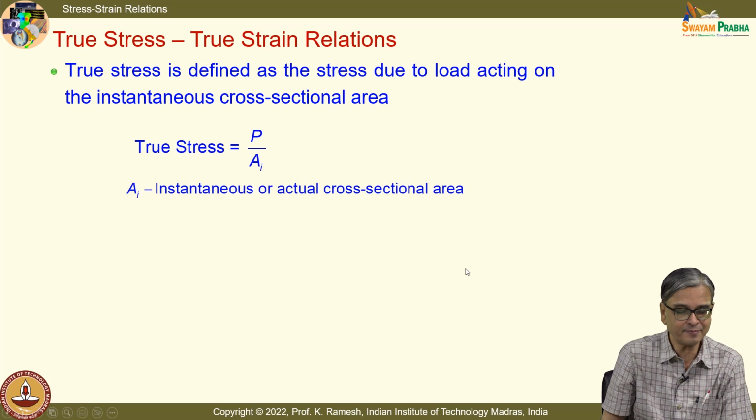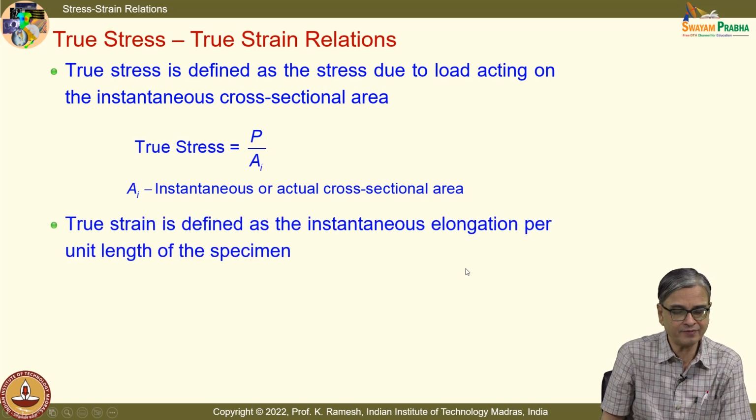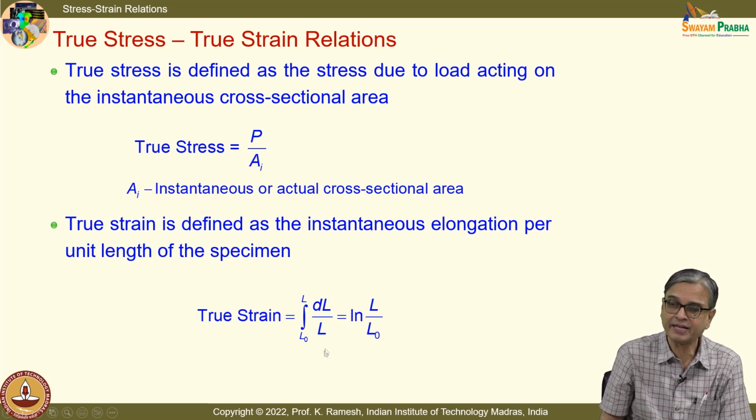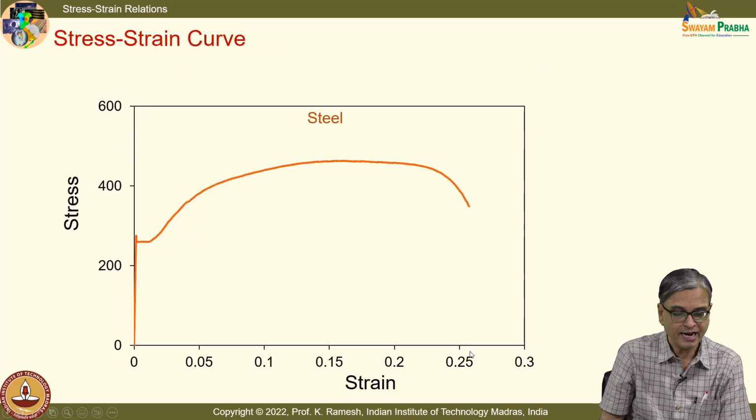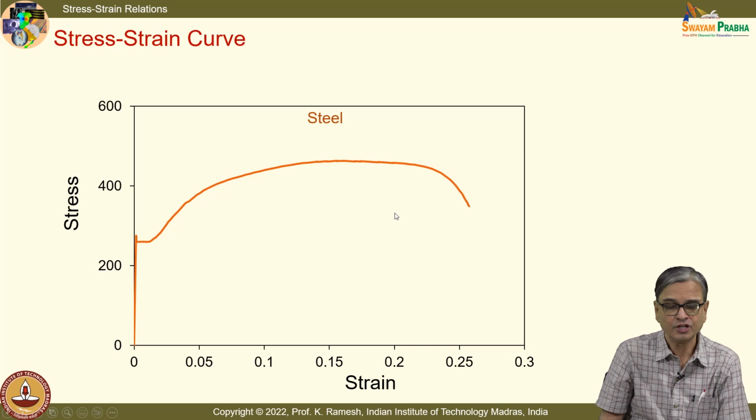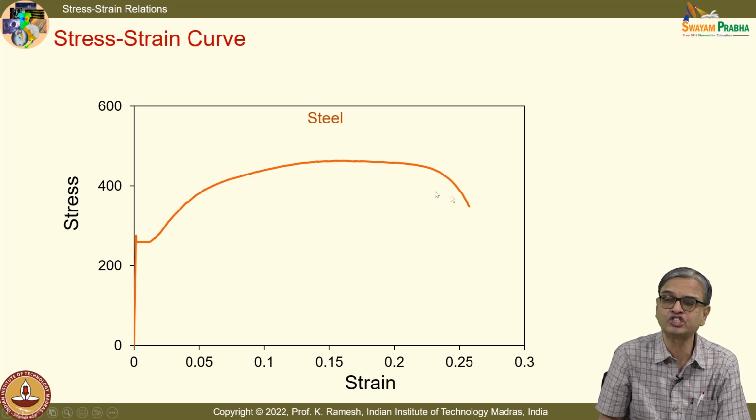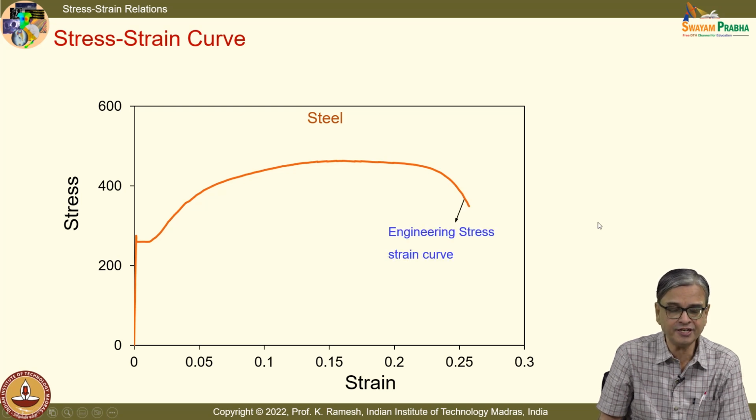Okay. So, this is another measure, and we have also seen when we looked at the finite strain, we labeled this as Hencky strain, that is integral dL by L. I've got this as natural logarithm L by L naught. We define that as true strain. And if I use this and plot it for mild steel, please make a sketch of this. You should know how the graph changes. After necking, this is drooping down because there is a visible change in the cross sectional area.